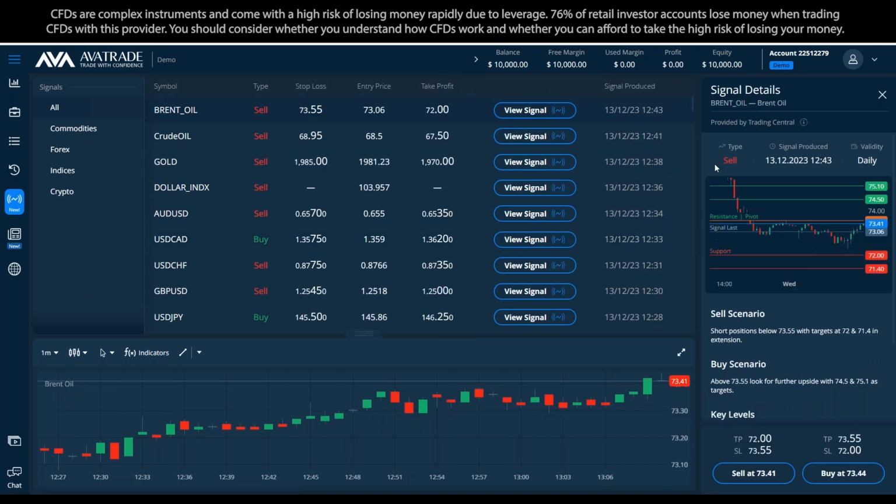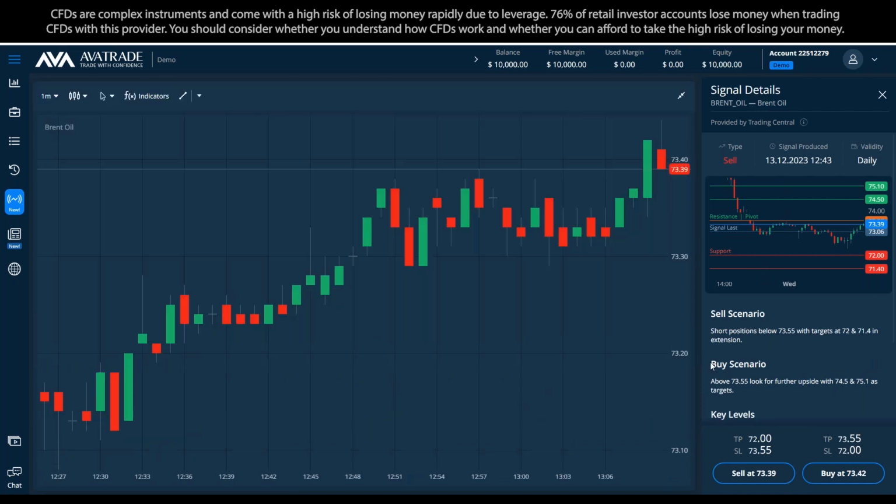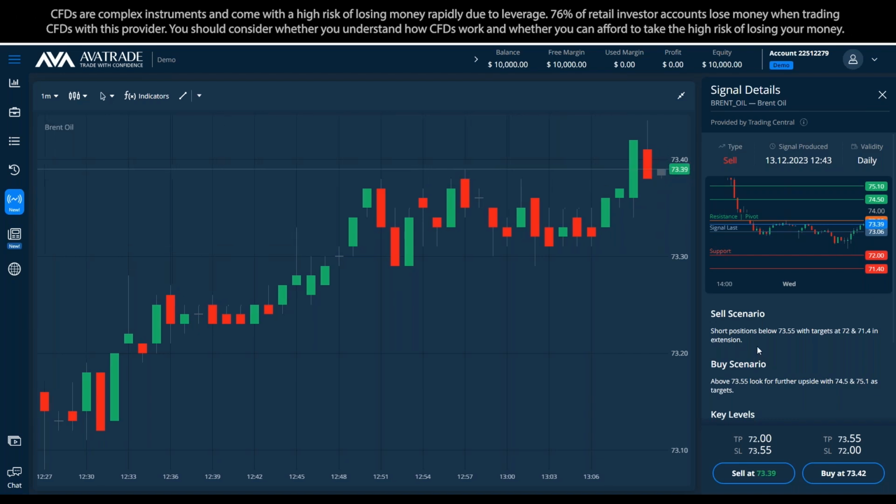click on that, and we're going to see that they're pre-analyzed, the support and resistance levels. I don't want to go too far with support and resistance currently, but I think I don't really have a choice.